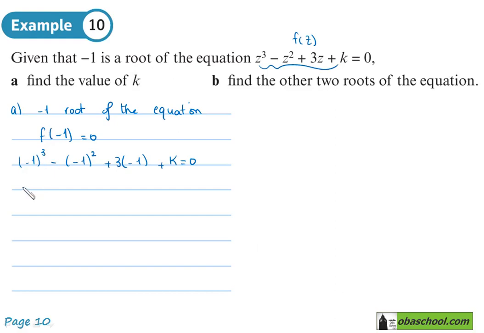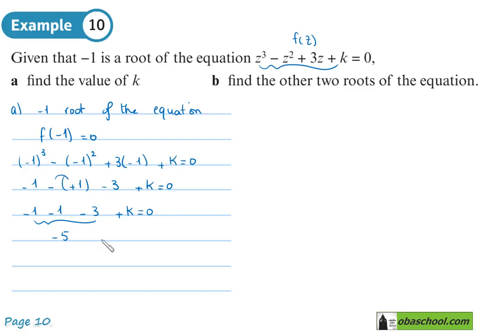Minus 1 cubed is minus 1, minus 1 squared is plus 1, so minus 1 minus 1, and 3 times minus 1 is minus 3, plus k equals 0. So minus 1 minus 1 minus 3 plus k equals 0.